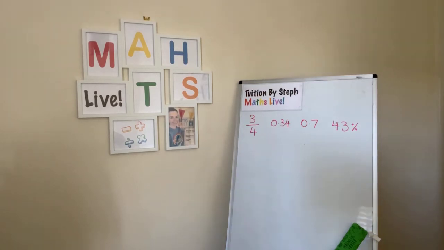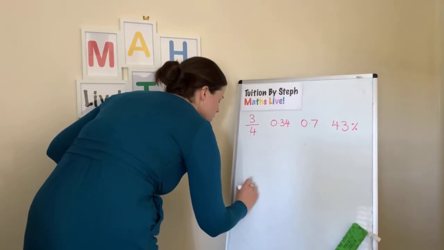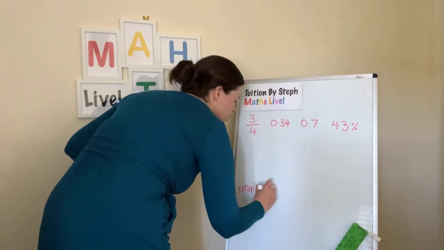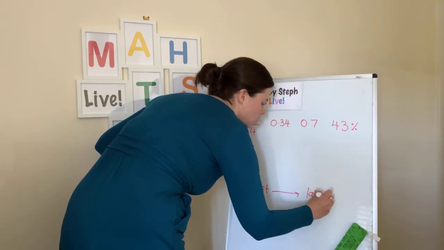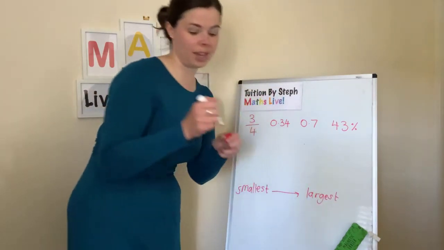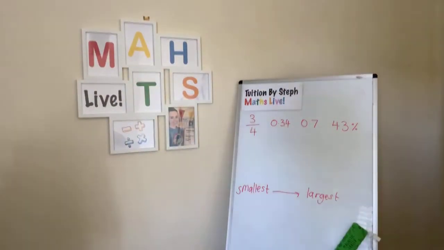Sorry, I should make it clear. So yeah, someone's just asked me whether it's smallest first: smallest to largest. Always a good part of the question. That could be so easy to get wrong, putting them in the wrong order. Smallest to largest.